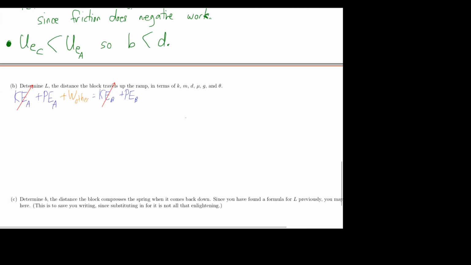So filling in what these are, I have 1/2 kd squared. The work done by friction is going to be minus the force of friction times the distance that I go, so L, and that equals the potential energy at B, which is mg times L sine theta.